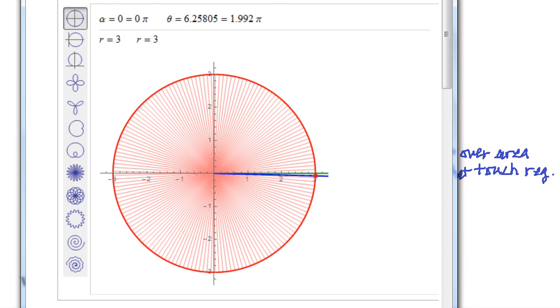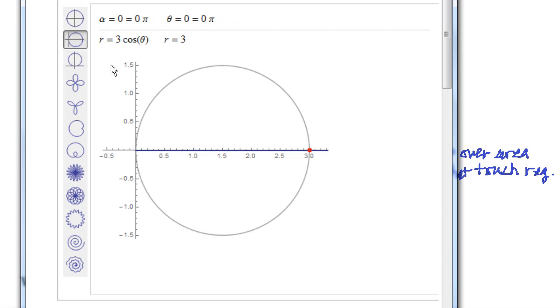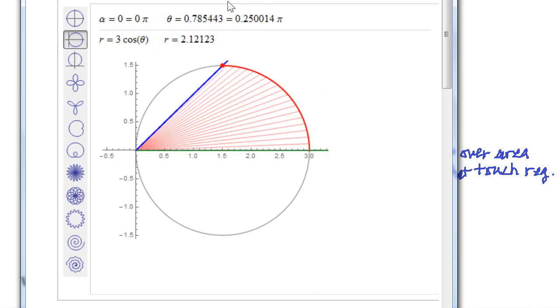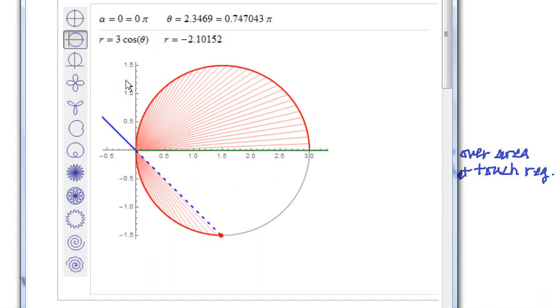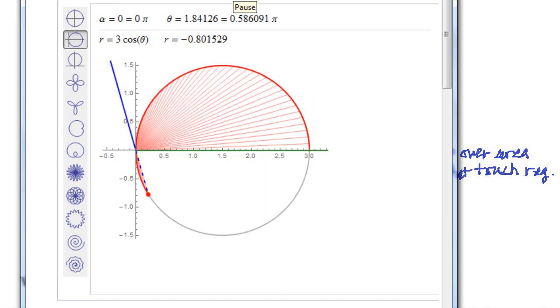And then let's look at a few others here. So if we have a circle, this is a cosine theta circle. So theta is only going to go from 0 to pi here, but we watch it sweep over the area. So that first, and then this with a negative radius. And then keeps working that way.